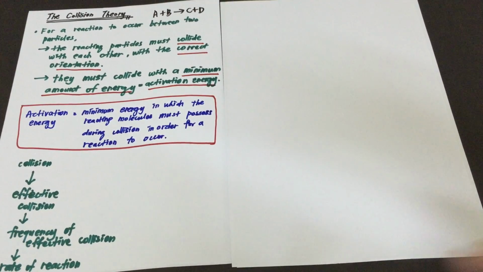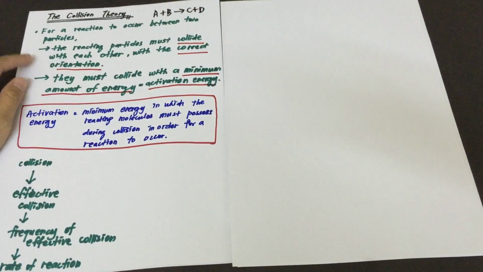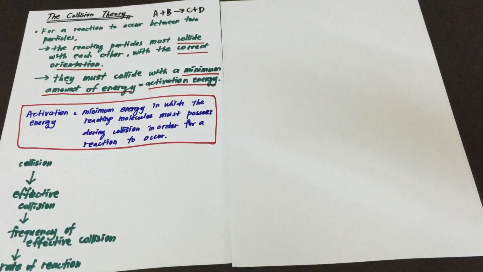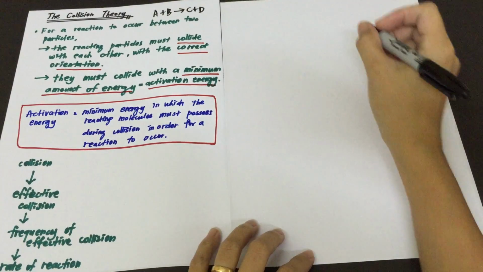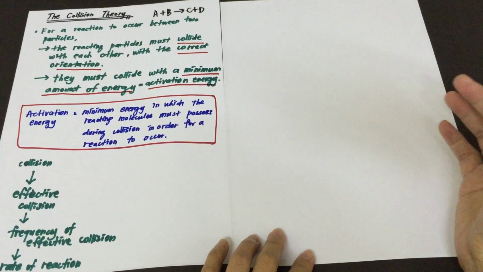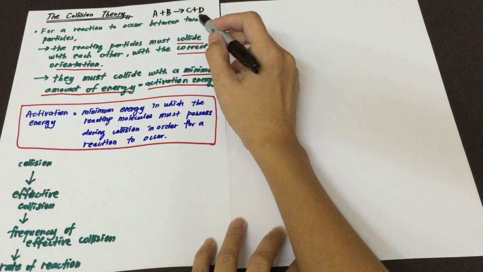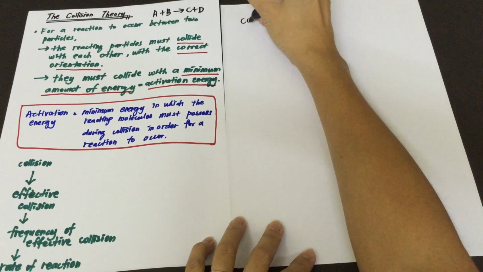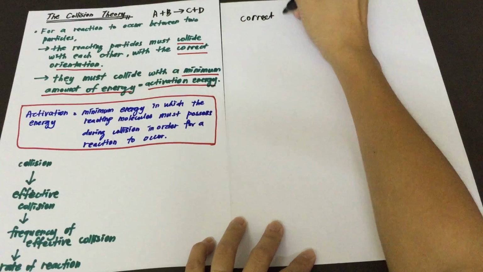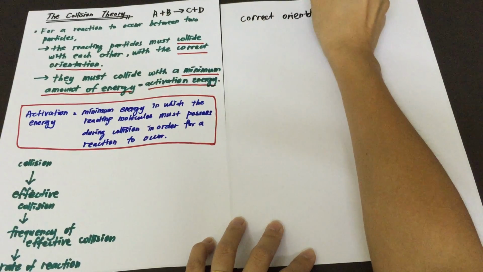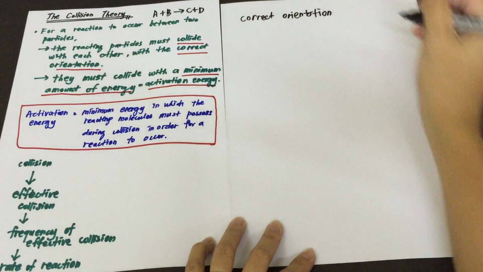Okay, so let me explain these 2 points in detail again by taking an example. When we say we need a collision to be successful for reactants A and B to form products C and D, they must possess the correct orientation during the collision.